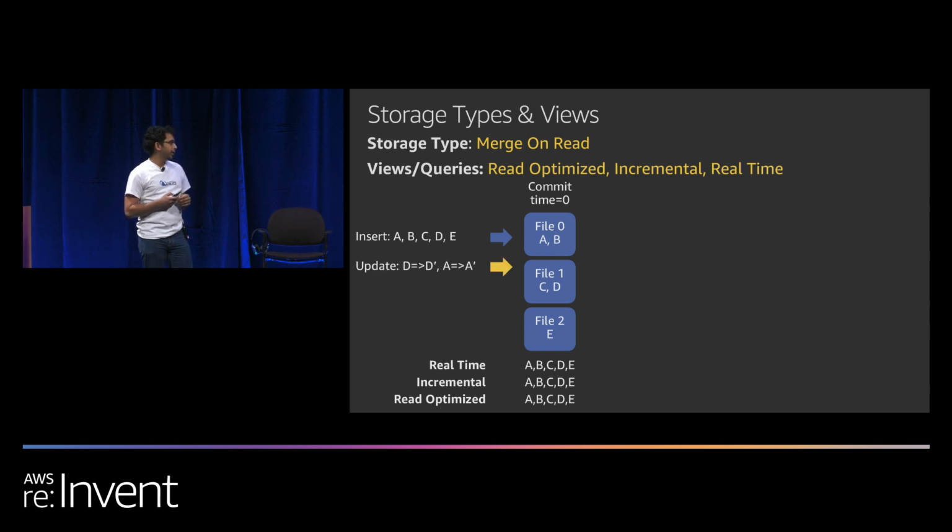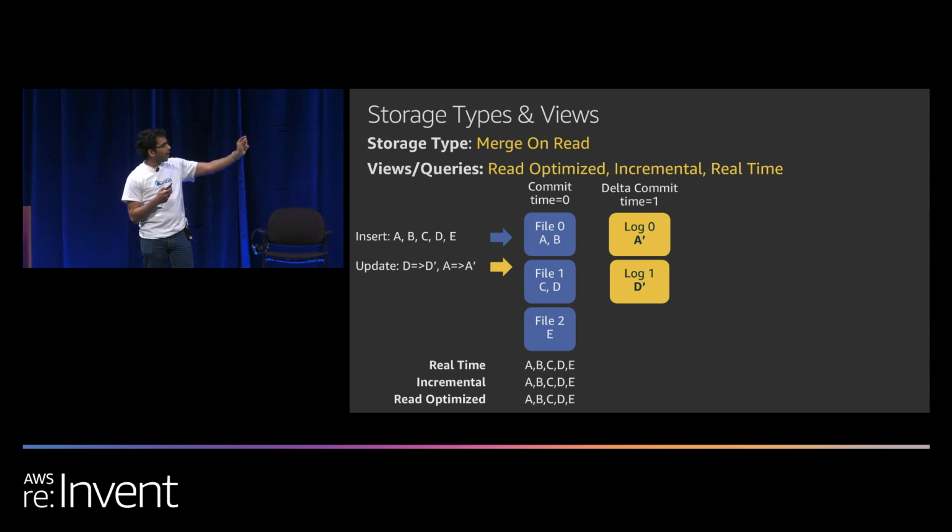Now let's introduce the update. D to D prime, A to A prime. What happens now is instead of a commit, we do a special kind of commit called a delta commit. So instead of entirely rewriting these files, we use the indexing. We figure out that D and A are touching file 0, file 1, and we create a log corresponding to each file, and we simply store the updated values in the log.